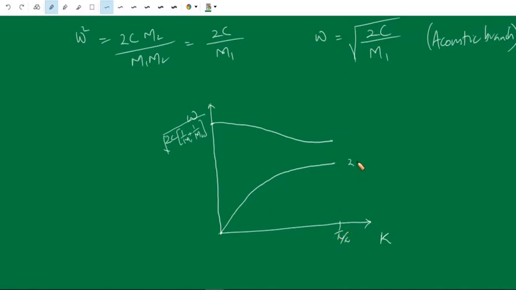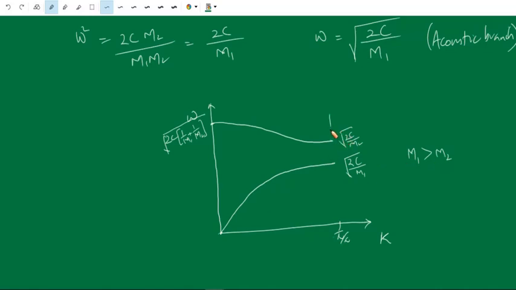This is root of 2c by m1, and this frequency is root of 2c by m2, where here we have considered m1 is greater than m2. The mass of the first atom is greater than the mass of the second atom.